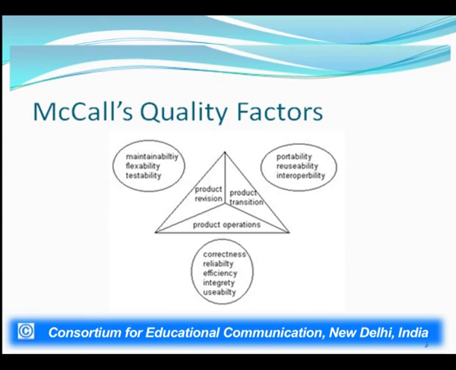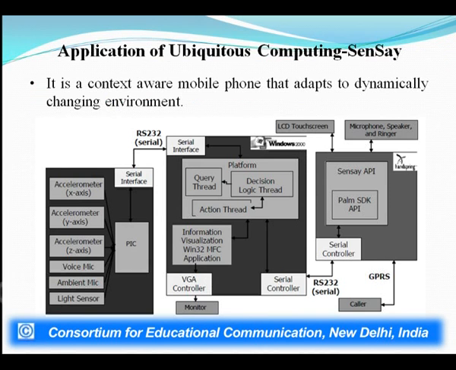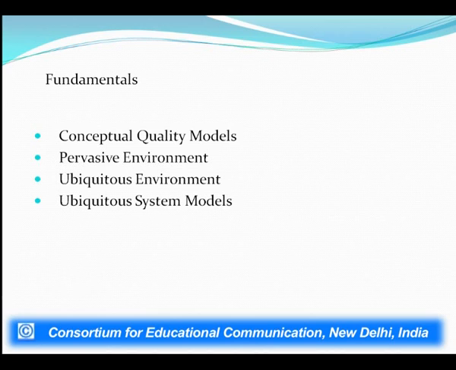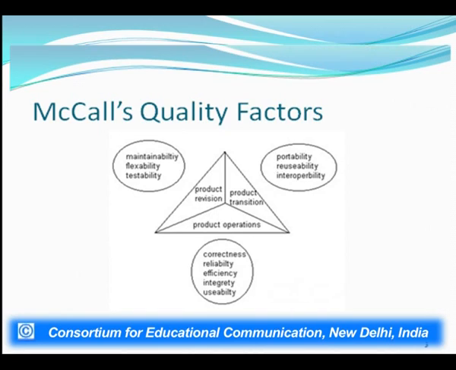But in the area of ubiquitous computation, because high mobility and high embeddedness are needed, these quality factors alone are not sufficient, and that is why we say conceptual quality models are needed. Apart from these quality attributes, there are many attributes which are essential in the area of ubiquitous computation.